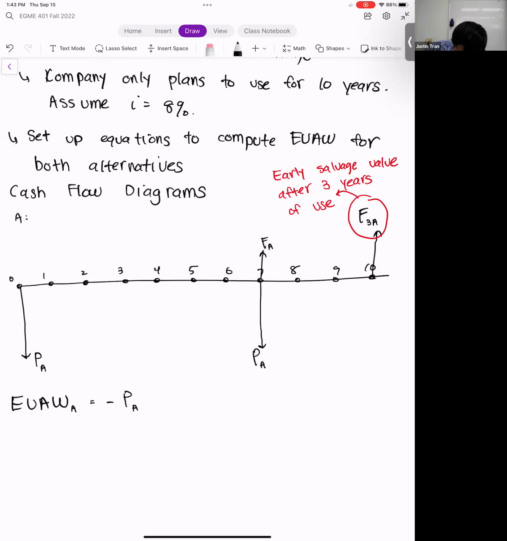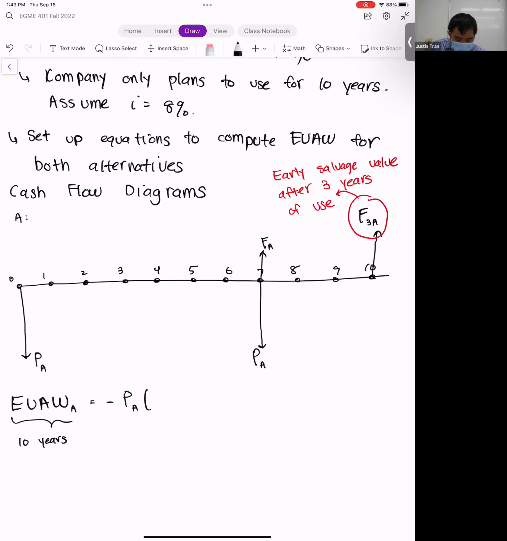Okay, and remember this EUAW. This is an EUAW for the entire 10-year lifespan. Okay? And so everything has to be converted here to a uniform series that spans that 10 years. Okay, so let's start with the first initial purchase. And so the initial purchase, we have a minus P sub A. Okay.